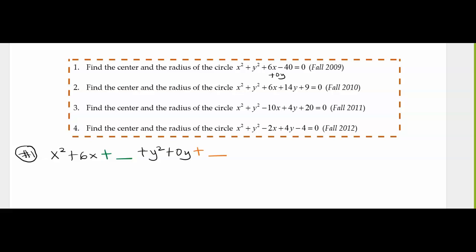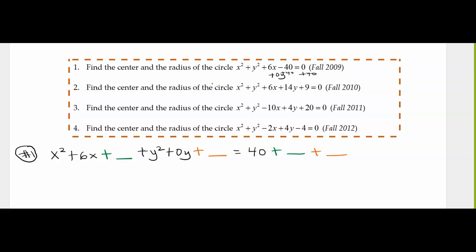And now remember we need to subtract, or sorry, it's already a negative 40. We need to add that 40 over to the other side. So I end up with equals 40, and then plus our green blank and plus our orange blank, so we can keep that balanced on both sides.